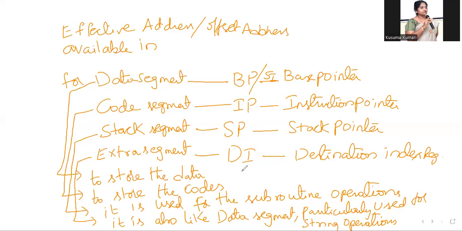For normal operations, the data segment effective address is available in the base pointer. For string operations, the data segment and extra segment are used, and the data segment offset is in the source index register and the extra segment offset is in the destination index register.